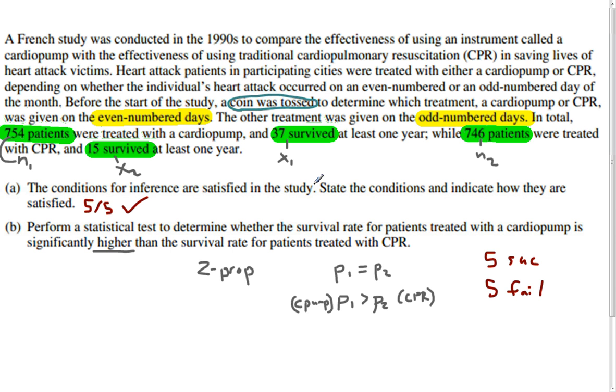Now, this is not a traditional SRS or random assignment, but it is sufficiently random to consider it that way. So we would say that it is random because of the fact that they have the even number and odd number days, and then the coin flip to determine which one will get which treatment on those days. So that condition is also met. And then again, to do the two-prop test, just put that into your calculator.